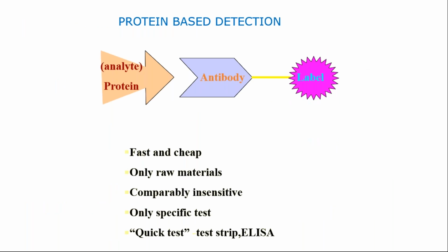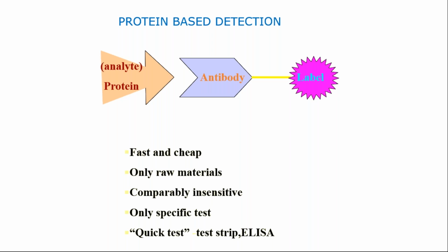So now coming to the protein-based detection. The protein-based detection depends on the protein, that is the antigen-antibody reaction. And in these reactions, the antibody is usually tagged with a label. And when the protein binds to the antibody, you will have a reaction, and that reaction will tell you whether it is positive or not.